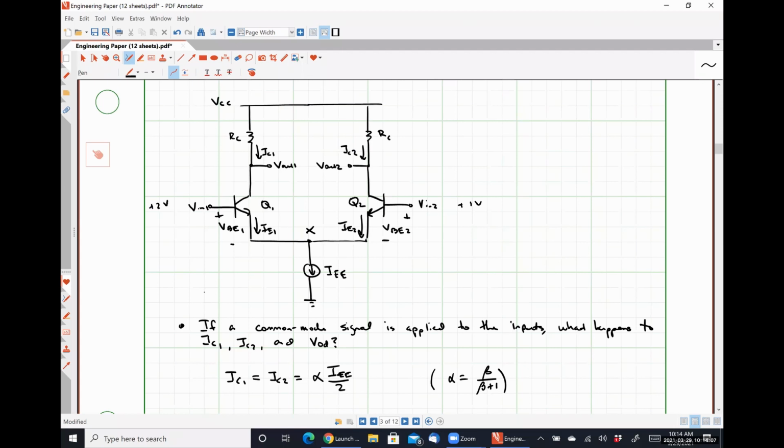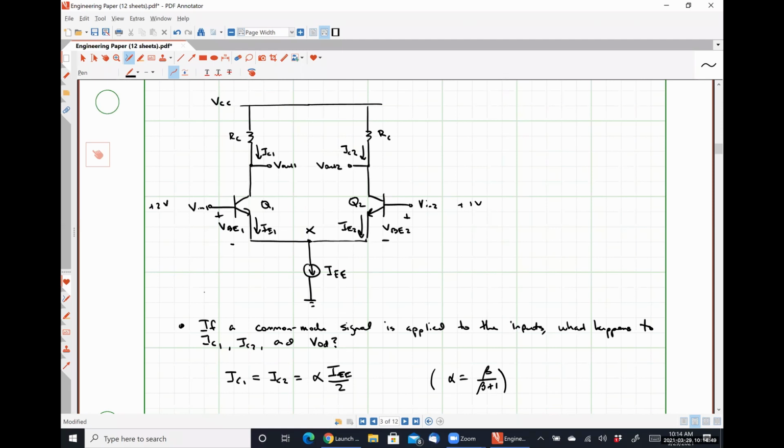What does that do to our potentials at our output? If IC1 is much larger than IC2, which of our output terminals is at the higher potential? Vout1 or Vout2, which one's going to be higher? Vout2 will be higher, right? What we'll find out in a little bit mathematically, but what we can kind of just understand looking at this guy, right? IC1 is related to the exponential of this guy, right?